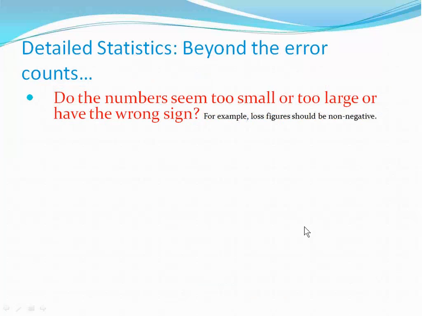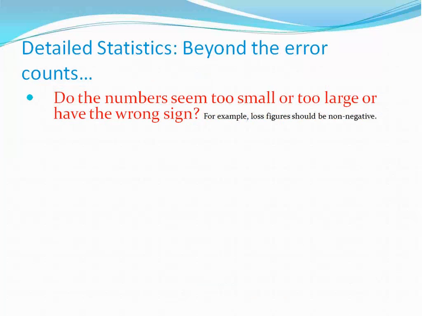Now, suppose we have gone beyond those error counts, so we have no unexplained error counts. Then you go to the other numbers in your outputs, and you want to check whether the numbers seem too small or too large or have the wrong sign. These are errors which @RISK will not be able to detect, but you should be able to figure them out, since this now falls under your expertise.